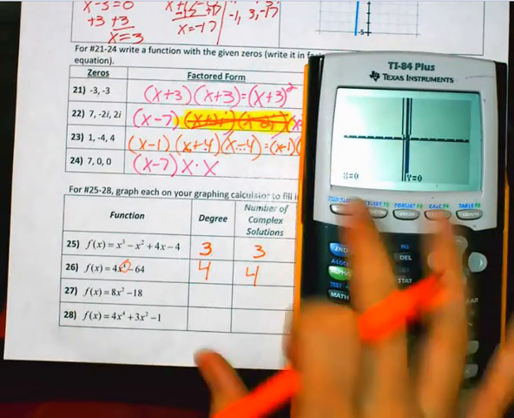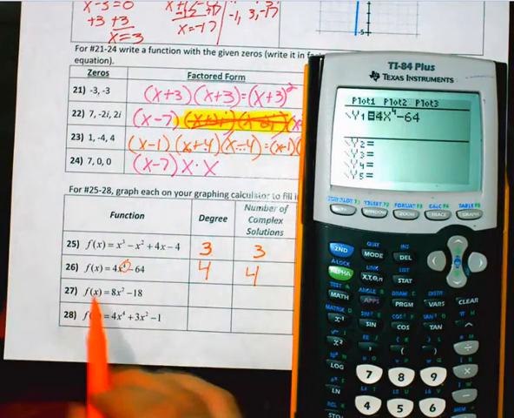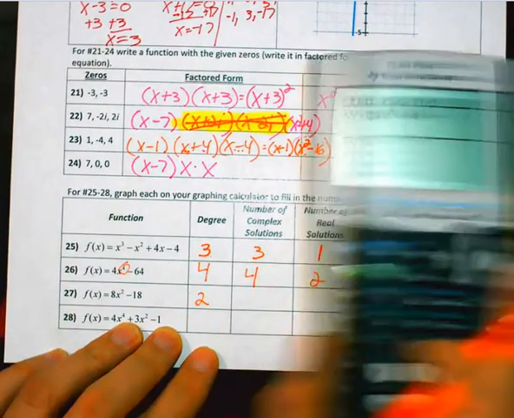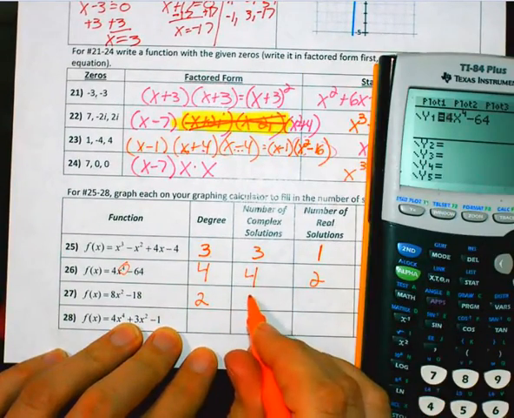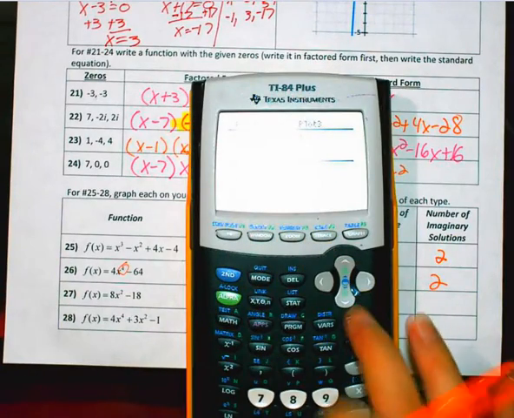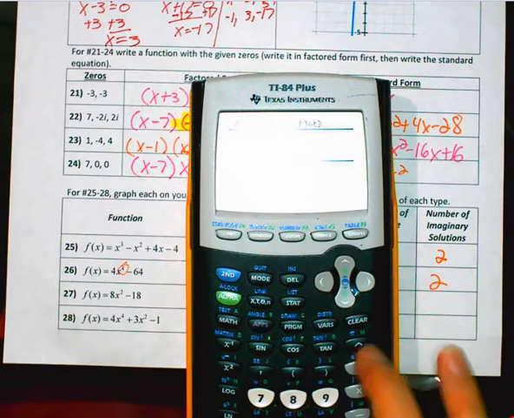All right, let's go to the next one. I have f of x equals 8x squared minus 16, so I have a degree of 2, which means I have 2 complex solutions. You just have to decide which are imaginary and which are real.